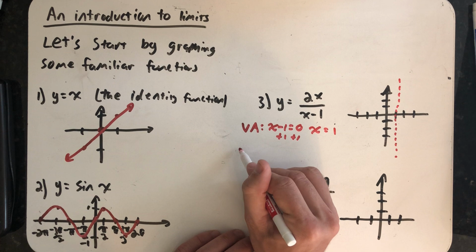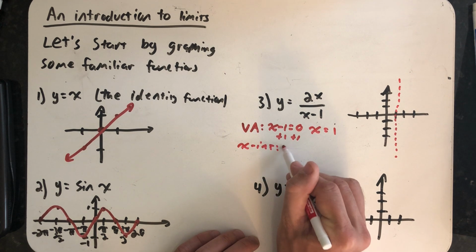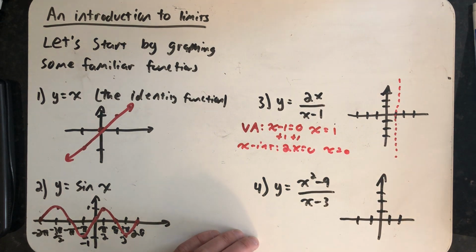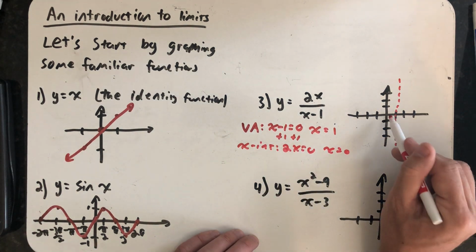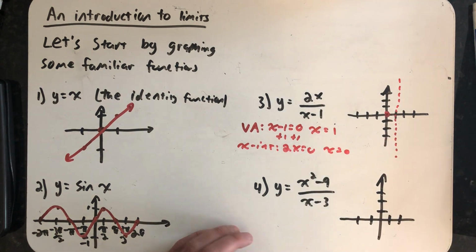For the x-intercepts, I need to set the top equal to 0, and I find out that the only x-intercept is at x equals 0. Well, if I think about plugging 0 in for x, I'm also going to get that, and that's good because that's on the x-axis and the y-axis.